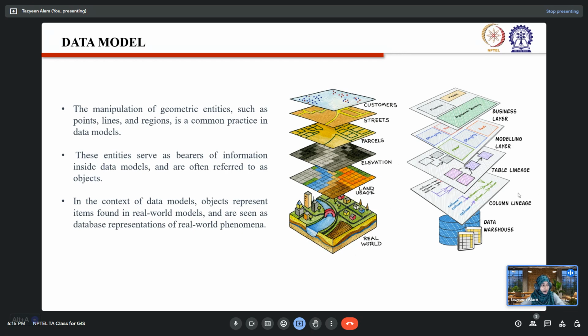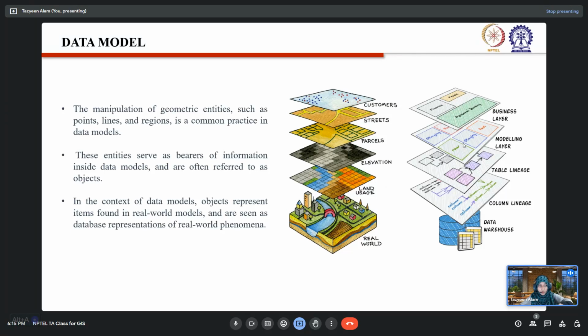Then we have a column lineage. What is this column lineage? It is actually telling you the flow of the database, the linkage or the connectivity of the database to one another, that is, from one object to the other object. Then you have a table lineage, which represents the attribute data of your data model. Then you have a modeling layer, which tells you what are the different layers that comprise the total model.